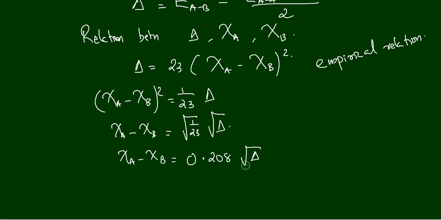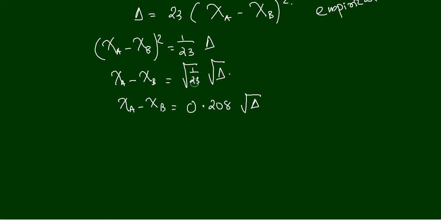Then only this equation will be valid. If you are substituting the values in kilojoules per mole, then you cannot use this equation. So if it is given in some other units, you have to convert that to kilocalorie per mole. Okay, so that is very important.